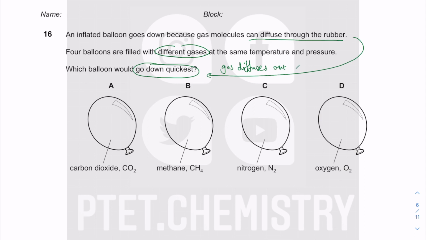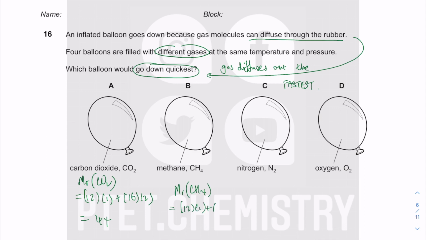So again, we need to work out the relative molecular mass. CO2 is 12 times 1 plus 16 times 2, so they give you 44. And then CH4 is 12 times 1 plus 4 times 1, they give you 16.